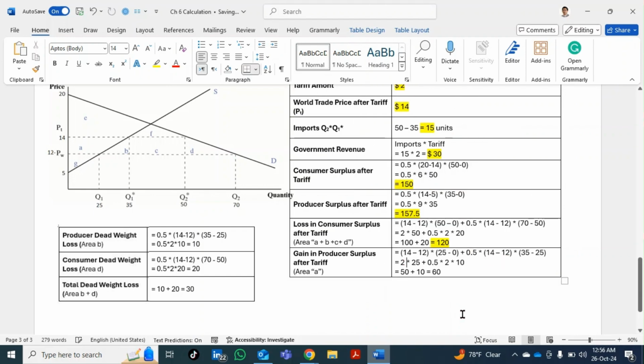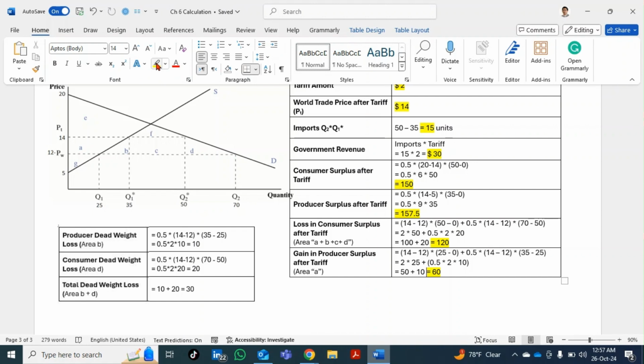So in the next step, 14 minus 12 is 2, multiplied by 25, plus 0.5 multiplied by 2 multiplied by 10. So the answer is 60. So area A is representing 60. That is a gain for producer surplus.